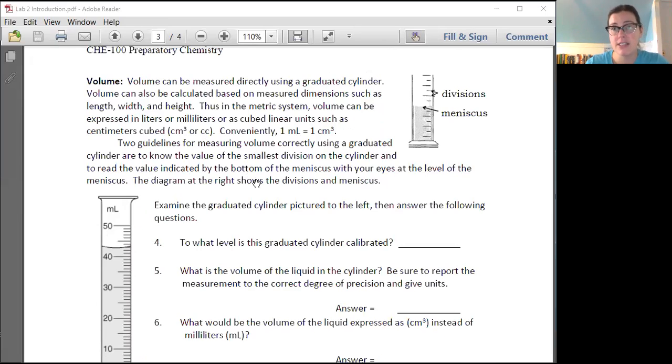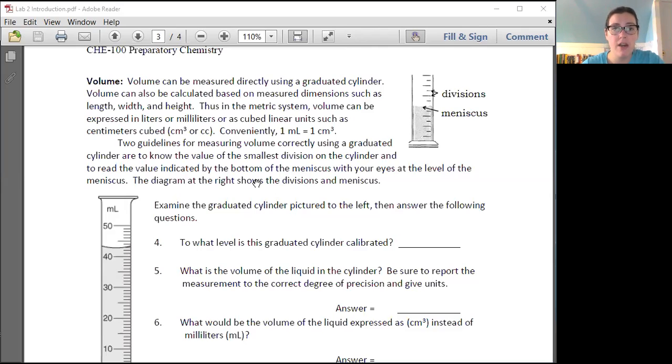Now, what you're going to see is that when we get to real life measurements, that meniscus is not usually as clearly drawn as the picture we have here. So you do have to use your best judgment as to what is the bottom of that meniscus. Sometimes the meniscus is not a line, it's kind of a band of color, and you always just read the bottom of whatever you can see, okay?